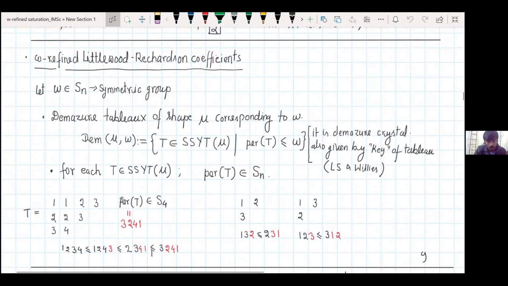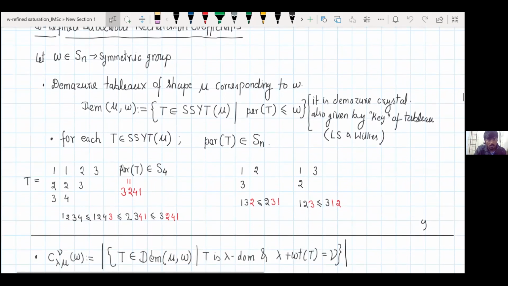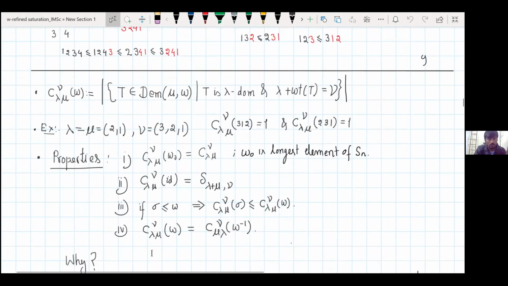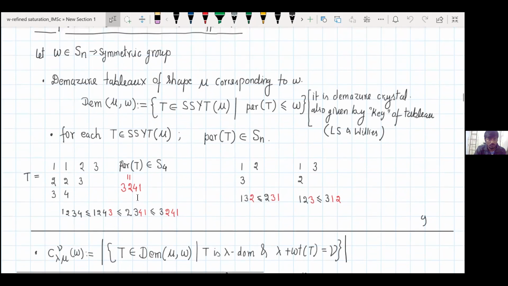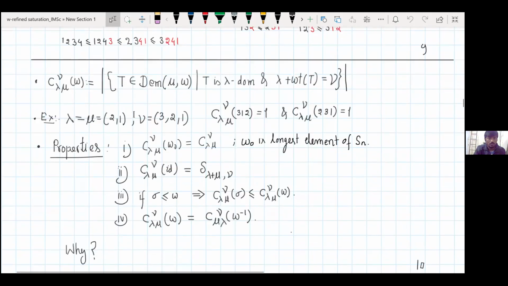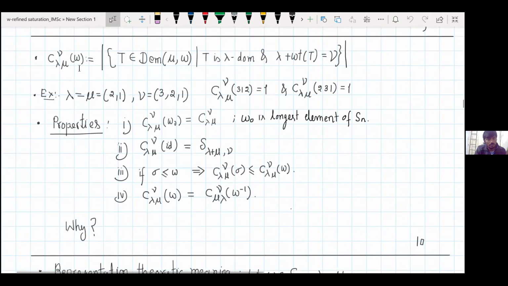Okay, shall I move on? So that is the Demazure crystal, denoted D mu w. And now what is the refined Littlewood-Richardson coefficient?